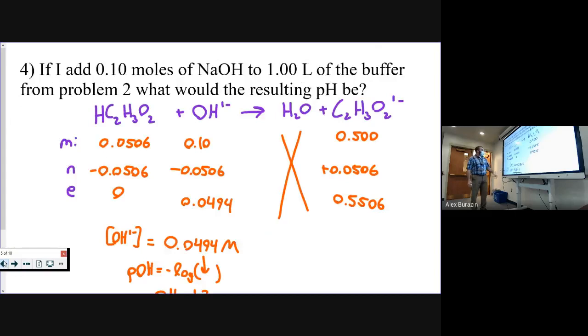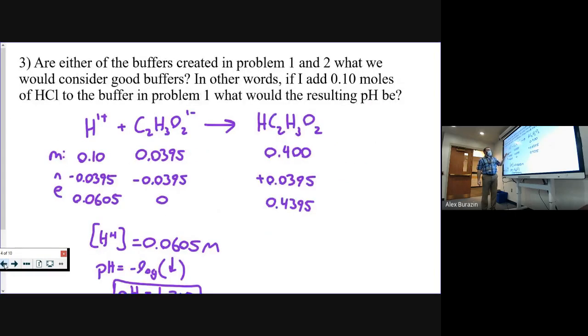For example, if I'm going to add 0.1 moles of strong acid, and this molarity was bigger than that molarity, then my buffer wouldn't have broken, and it still would have done its job. So how do you make a buffer have greater capacity? You increase the moles of weak acid and conjugate base. If you increase the moles of both, it can withstand larger quantities being introduced. The higher the concentration of your buffer, the more acid or base it can neutralize. That makes perfect sense, right?